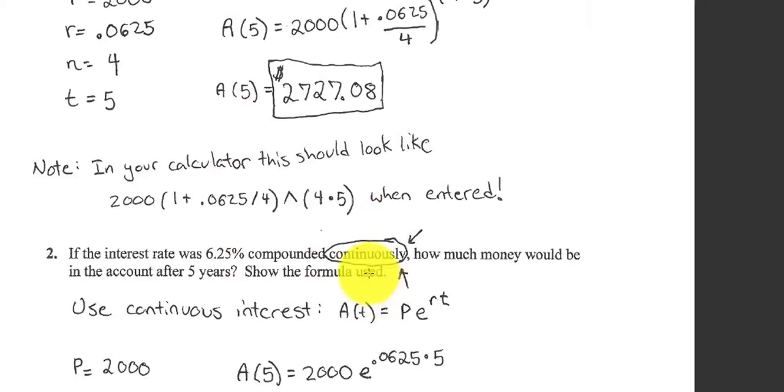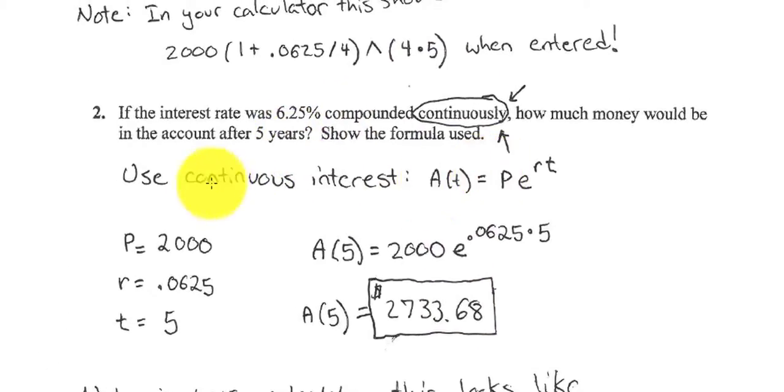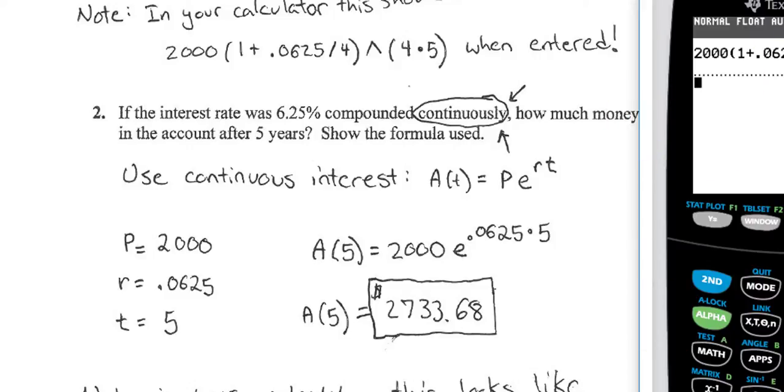For money that's compounded continuously, well, it's a similar formula, except anytime you see the word continuous, we have to use this A equals P e to the rt.